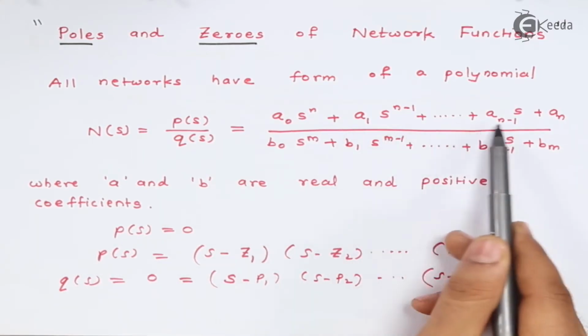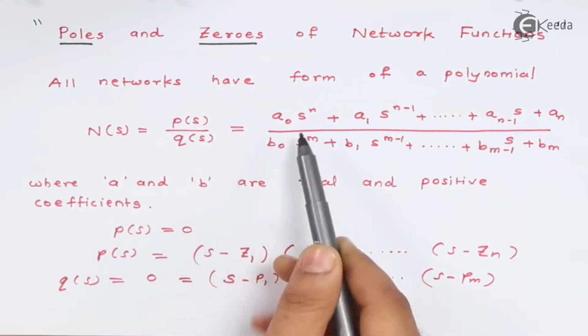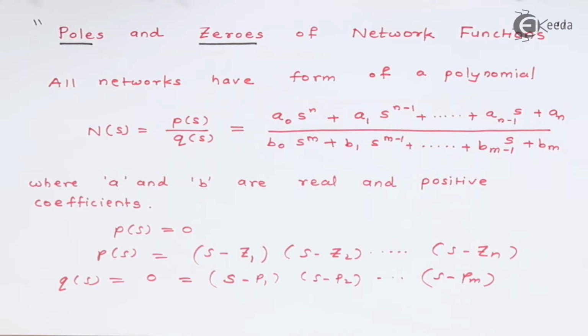Those values of s, or complex frequency s, for which your numerator becomes 0 are called zeros of the network, because your network function falls to 0.